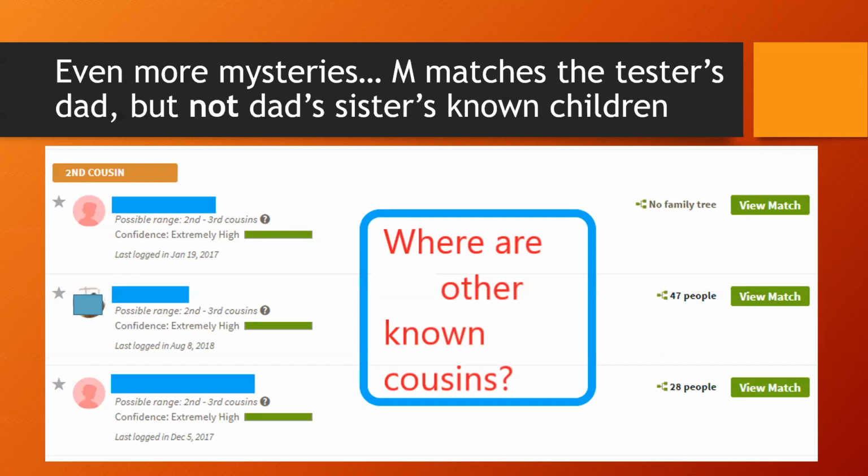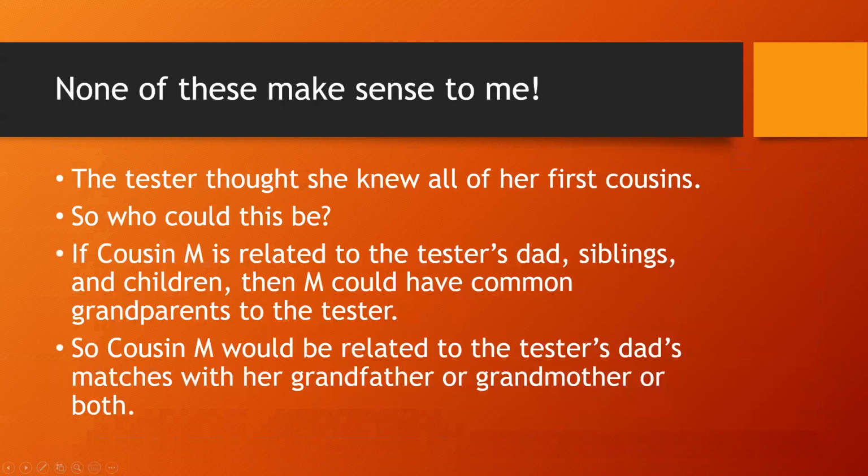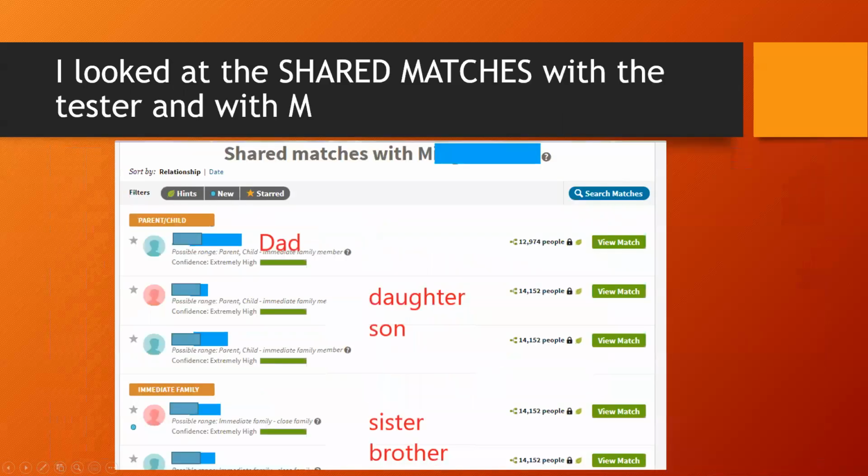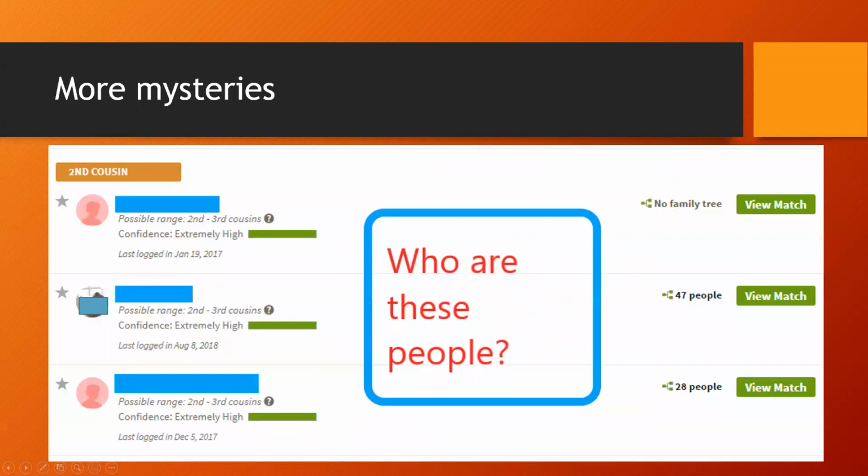Remember there was that set of 3 first cousins on dad's side? They don't match cousin M. They're not on the shared match list. So when I mentioned a little bit ago that positive and negative results are just as informative and just as important, knowing that there are people, I'll go back a slide, there are people here who match cousin M and dad, including all of these known family members and these unknown cousins.